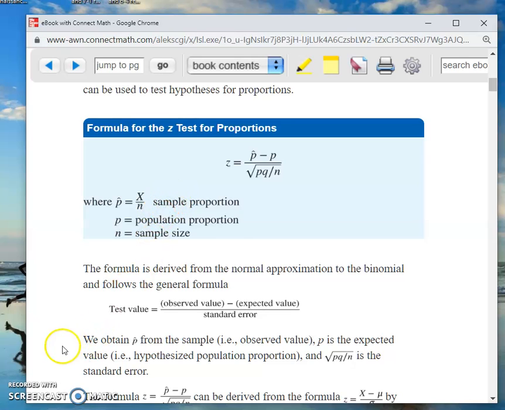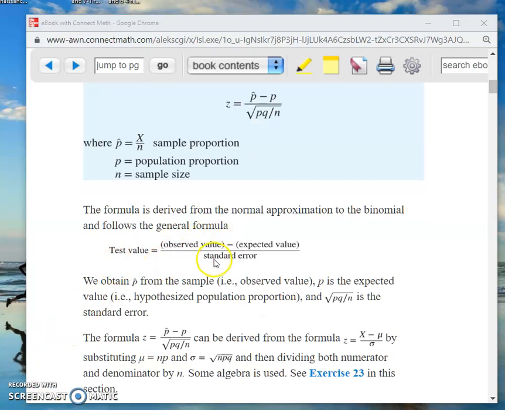So it's a number; you're counting the number of successes. In this situation, p hat is your observed value. You run an experiment and you come up with p hat, the sample proportion, which is the number of successes over n.